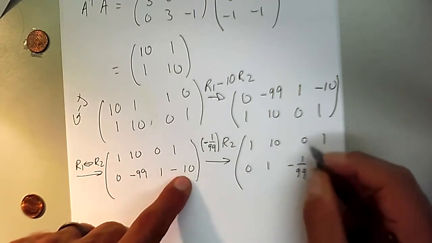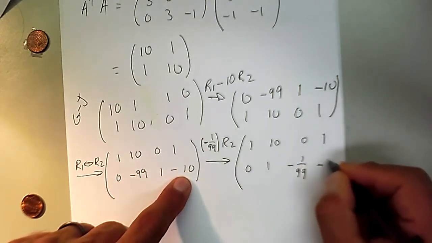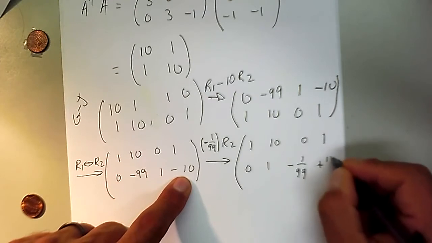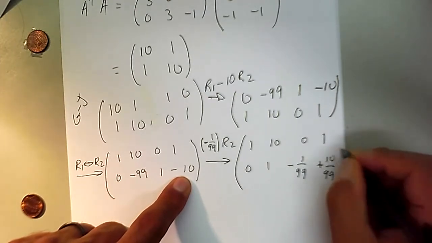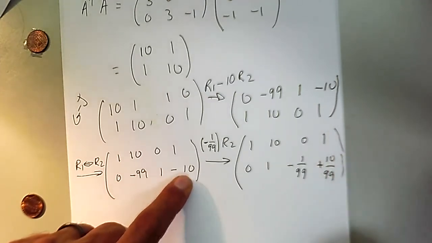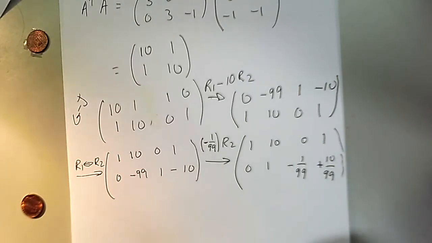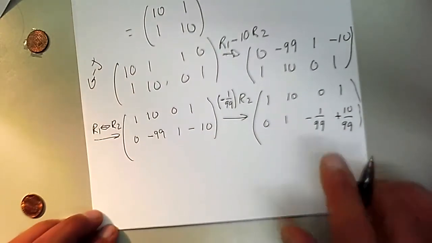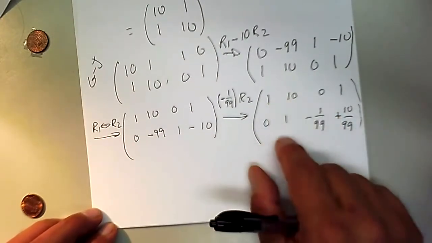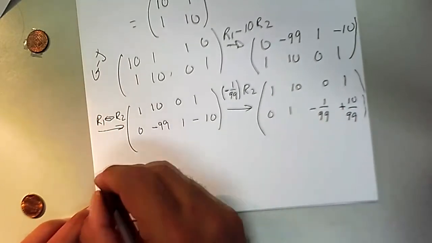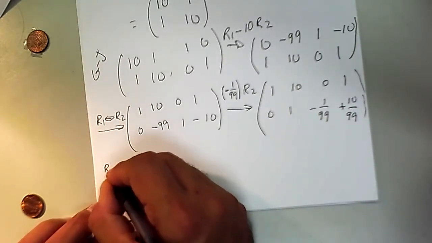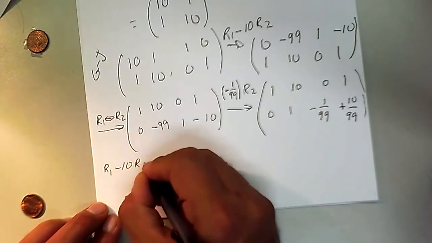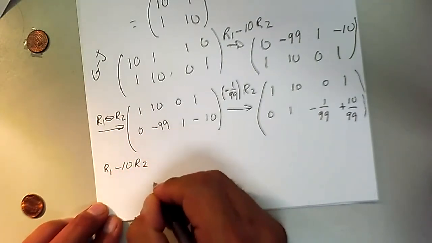And that's going to be positive 10 over 99. Okay. So then we subtract from the first row 10 times the second row. So take the first row and take away 10 times the second row.